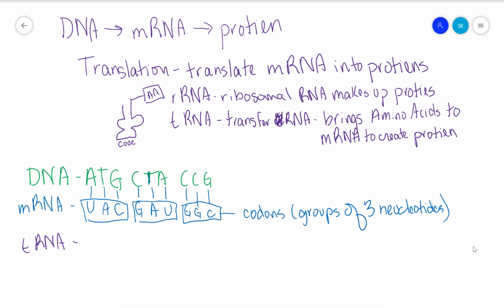So this code at the bottom is called an anticodon. And it's essentially just the opposite of the mRNA. So U has to go with A goes with U, C goes with G, G goes with C, A goes with U, U goes with A, C, G. So now these are the tRNA anticodons.